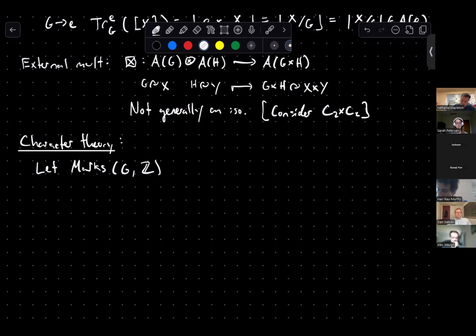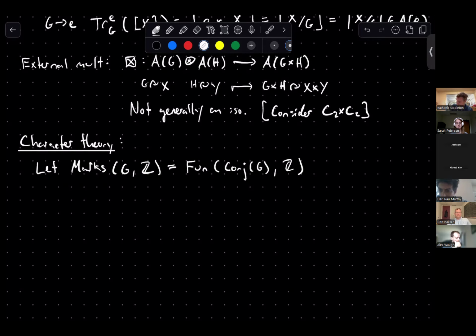Our version of class functions, I'm going to call marks. Let Marks(G, Z) be the ring of functions from conjugacy classes of subgroups of G into the integers. People use lots of different names for this ring. Some people call it the ghost ring. Some call it superclass functions or supercentral class functions.